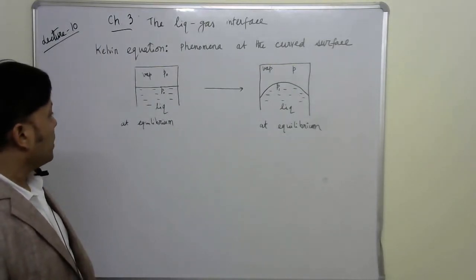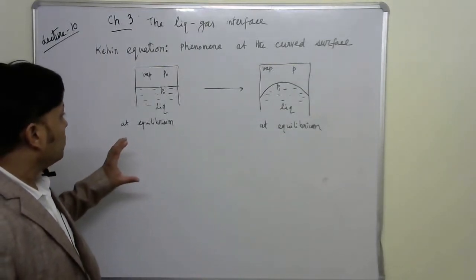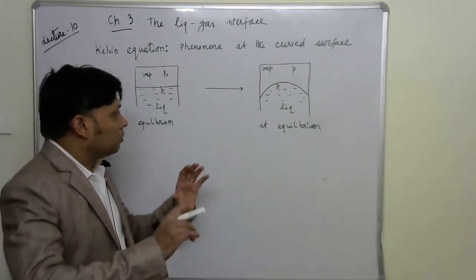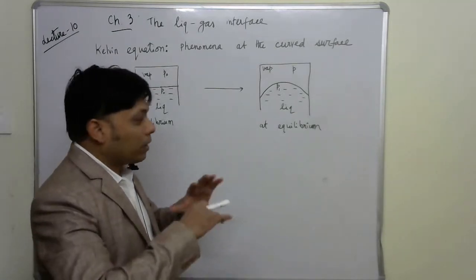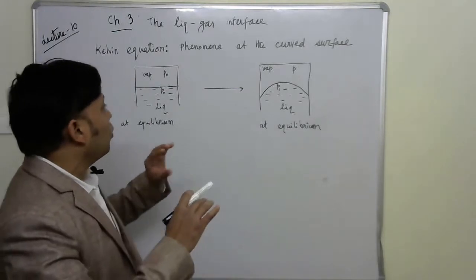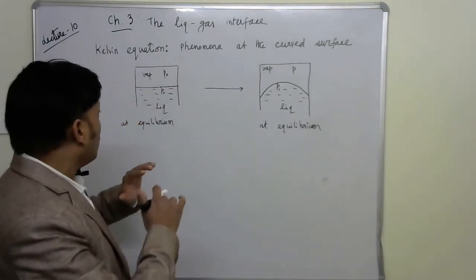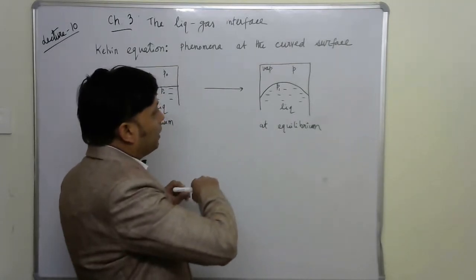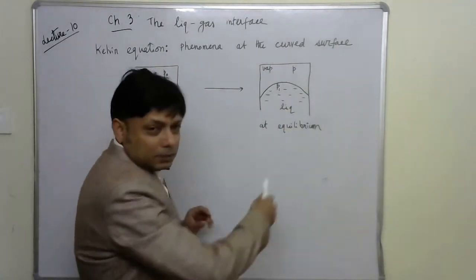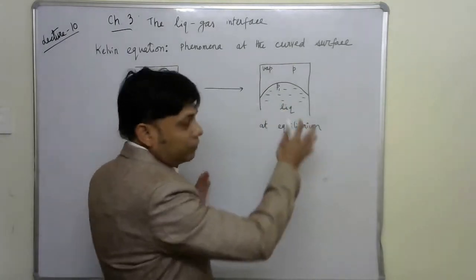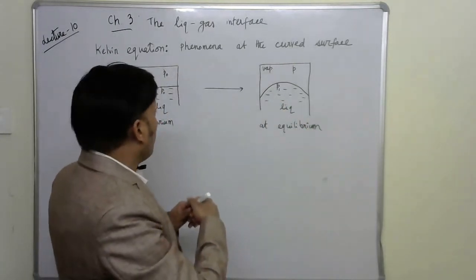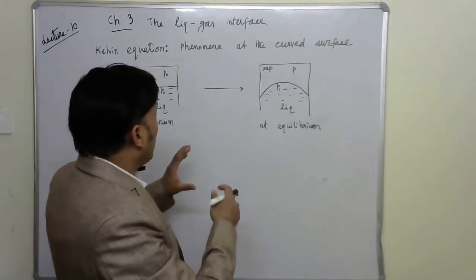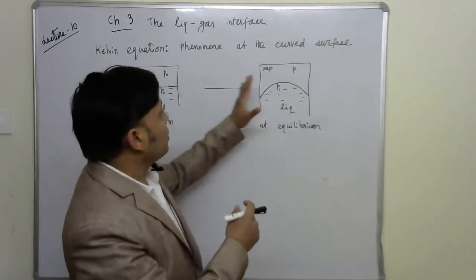Now somehow, and we don't try to assess the mechanism, we only concentrate on the result, the surface of the liquid becomes convex, becomes curved. Therefore obviously the vapor pressure would change.